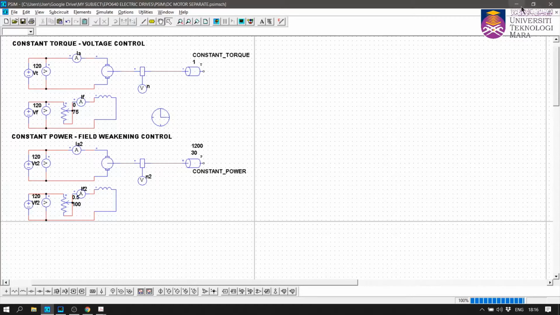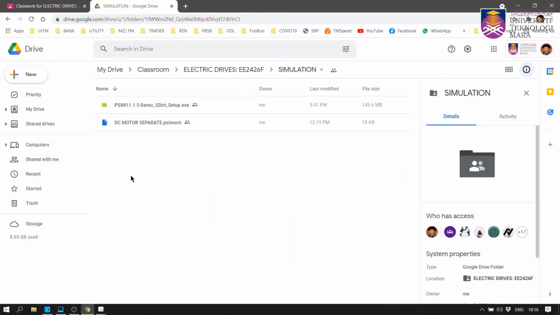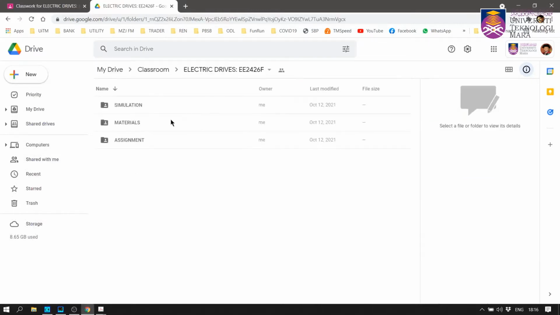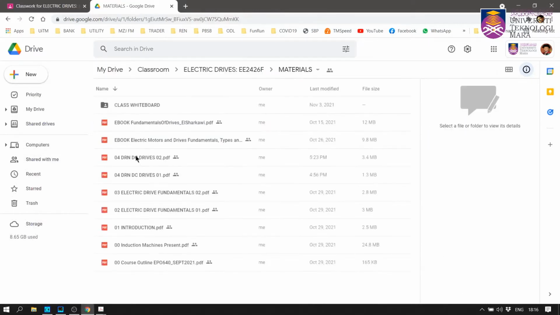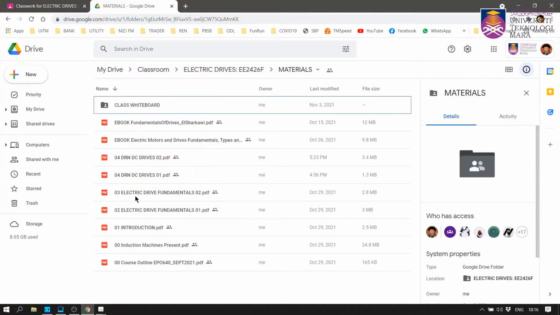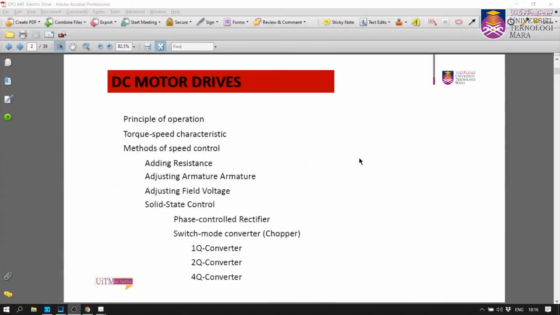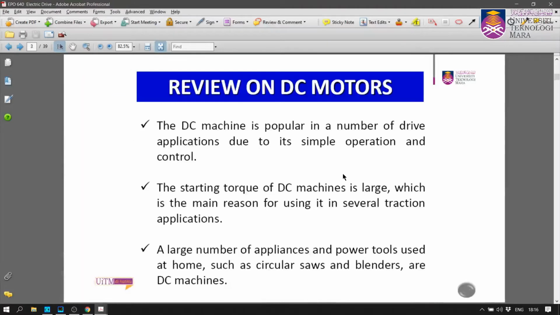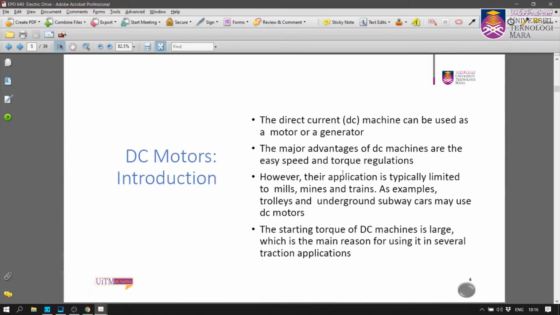Right? Okay, so this is the simulation, and again we have new materials, which is 01 and part 2, 02. So if you look at part 1, the new file consists of new slides. I put in some slides here.